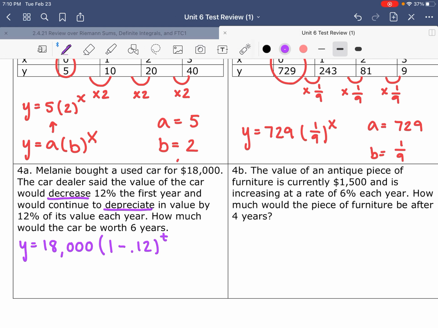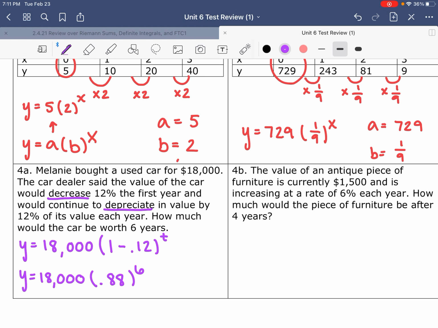So in growth and decay, t is the variable we use more than x. So our equation here would be y equals 18,000 times 1 minus 0.12, you can do that in the calculator. You would get 0.88 to the power of t. And then here, our t, it's saying after 6 years, so I'm actually going to change this t to be a 6.